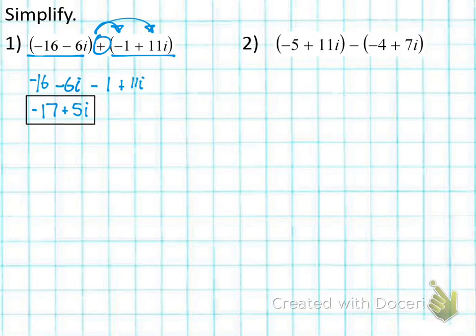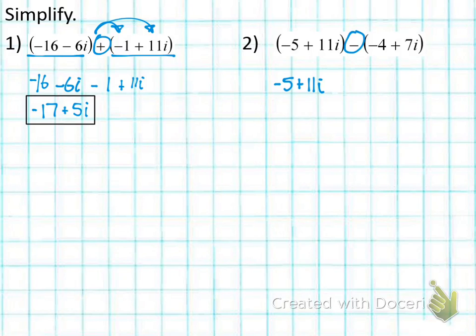Watch me do number 2. Number 2 is the same thing, except our operation between our two complex numbers is a minus sign. So we have negative 5 plus 11i minus negative 4 plus 7i. Okay? If that's the case, then we want to first write down or distribute any negative signs. So we have negative 5 plus 11i. Okay.